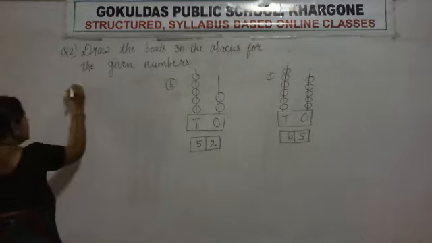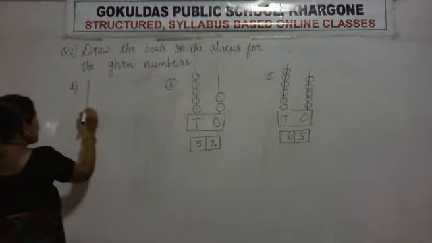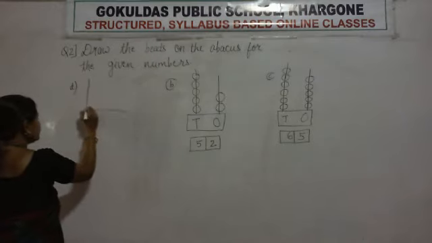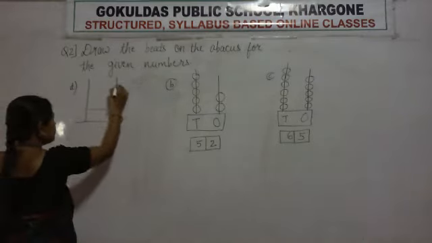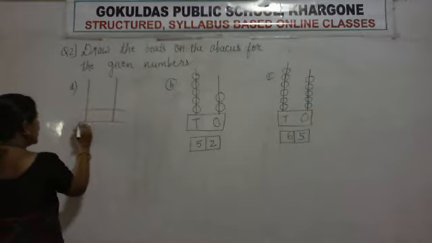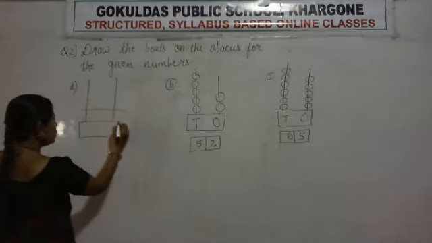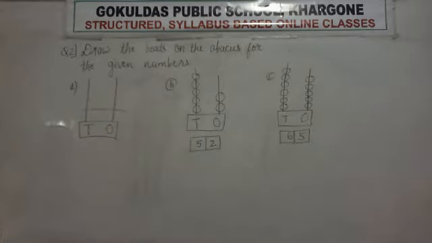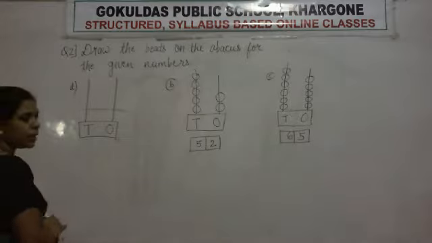So I am writing D. First I draw the abacus. This is the abacus. Writing its place value T, tens and ones.